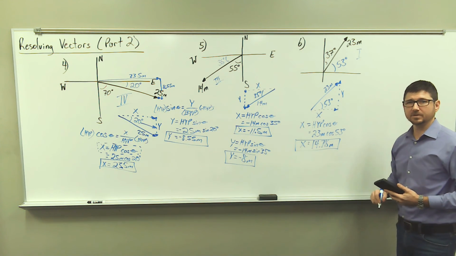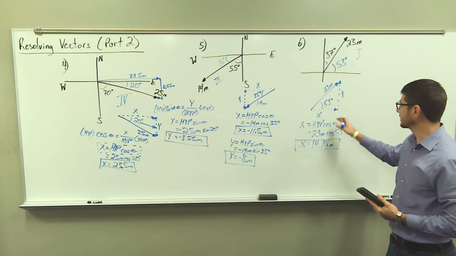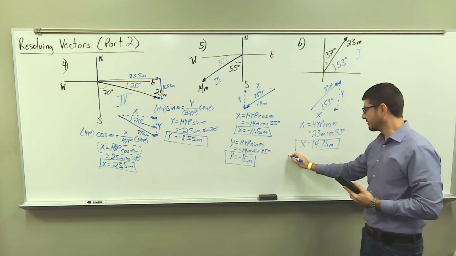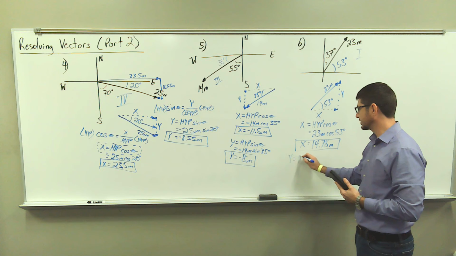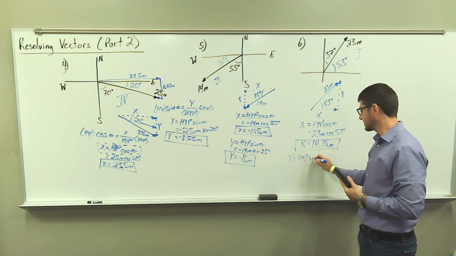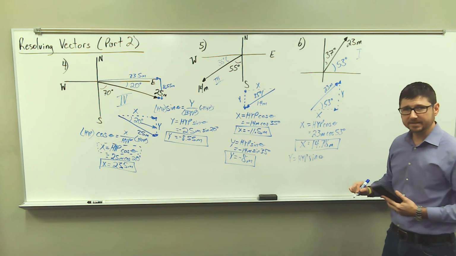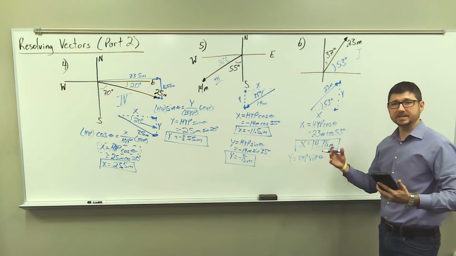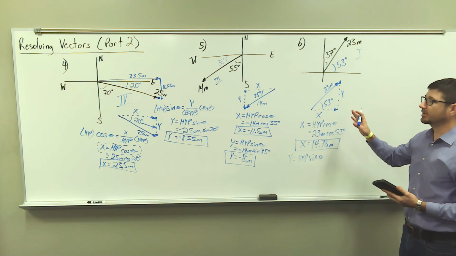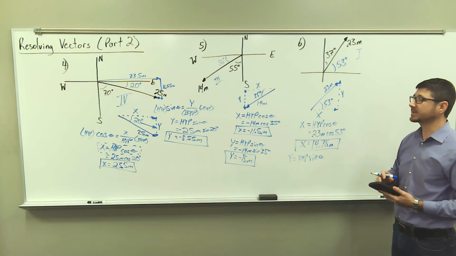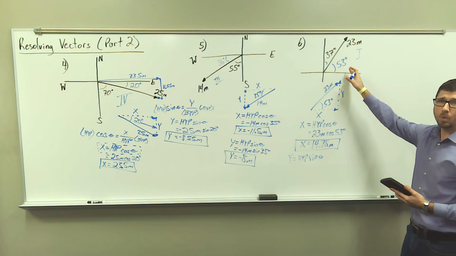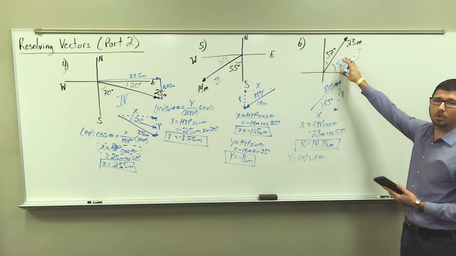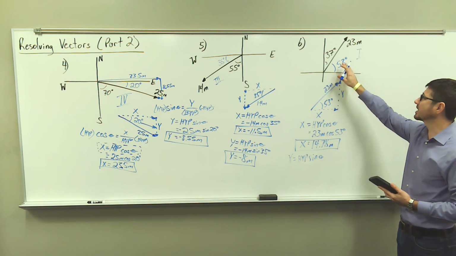Okay? Let's take a look at the y component here. The y component is equal to the hypotenuse times sine of the angle theta. Our hypotenuse is 23 meters, and we need to ask ourselves, is this value for the y component positive or negative? Well, we are in quadrant 1, and we know all y values in quadrant 1 are positive.